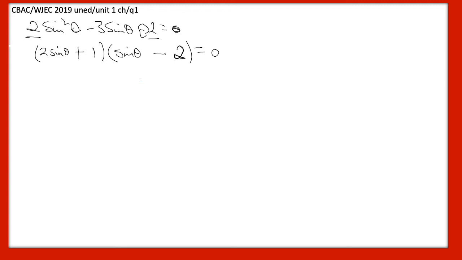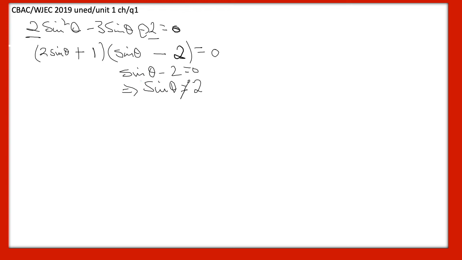And what we've got now is that either of these two things has got to be making the product 0. So I've got that sine theta minus 2 equals 0, which implies that sine theta is equal to 2. Now we know that that's not possible.